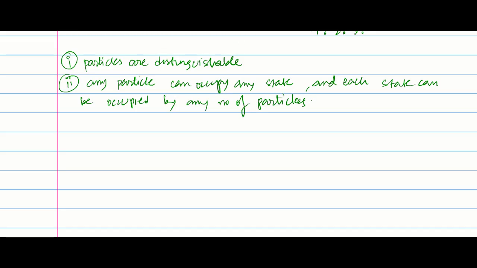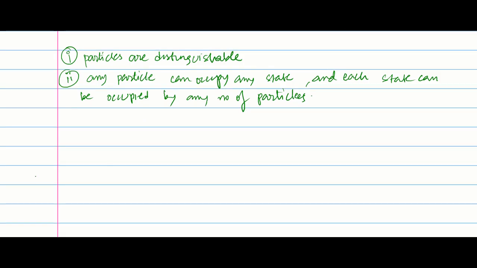Okay, now let's consider energy levels like this. Let's say E1, E2, E3, and the E3 level has degeneracy G3. Let's say there are more energy levels like this.